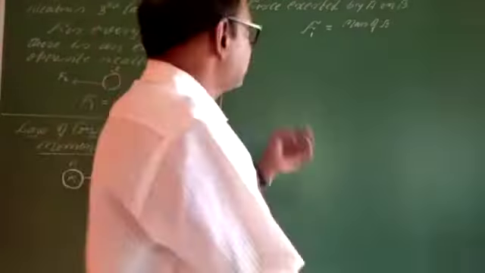So, mass of B into acceleration of the body B. You already know that according to the second law, the force is equal to mass into acceleration of the body.